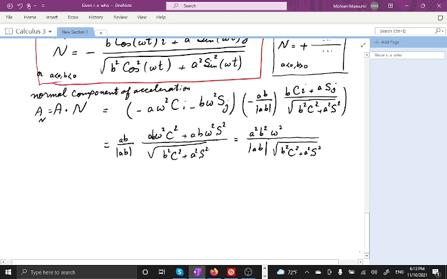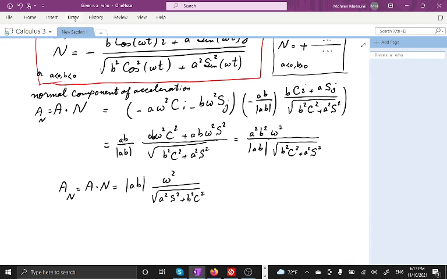So in short, A dot n, now A squared B squared over absolute value of AB, you can just write it absolute value of AB omega squared over, let me write my A first, it's your choice, plus B squared C squared.